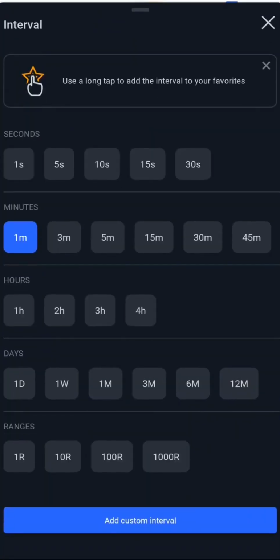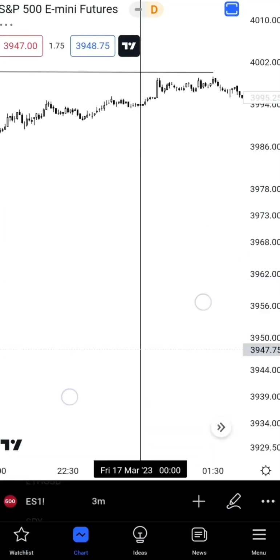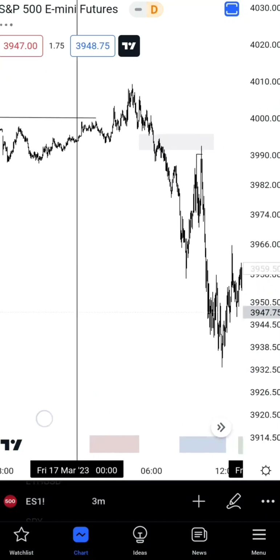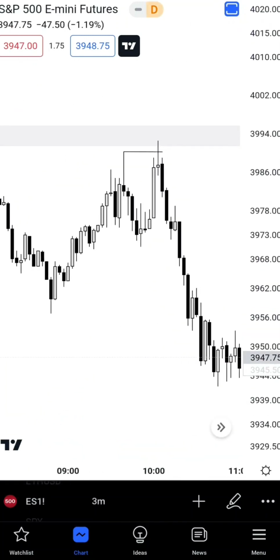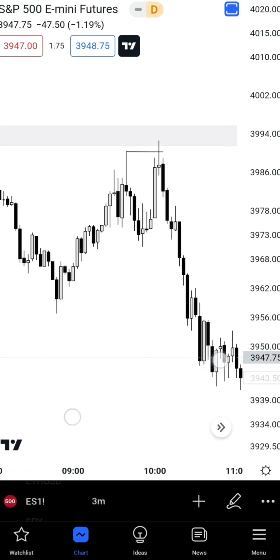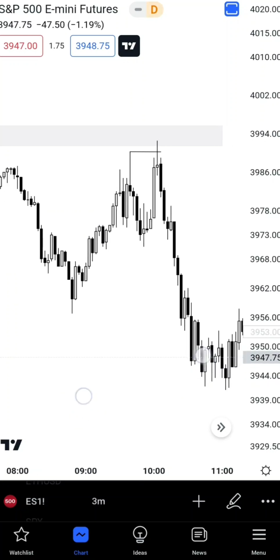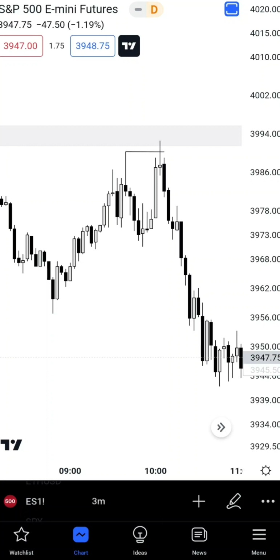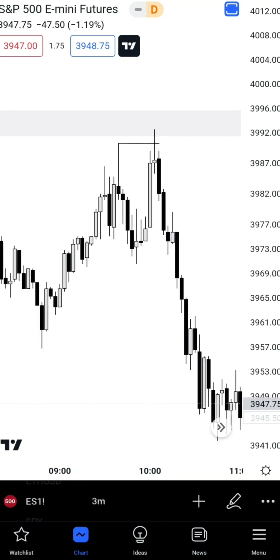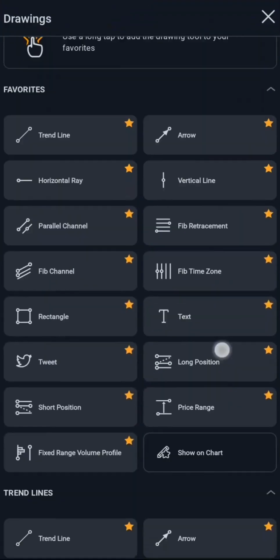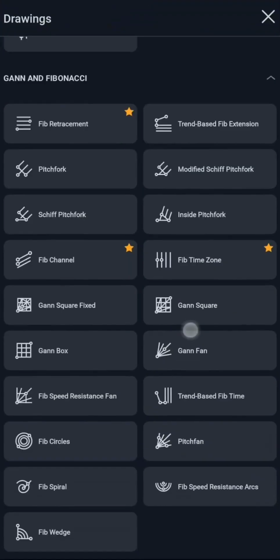Beautiful. My entry was based on the 3 minutes, of course, as you saw, the famous, not infamous. Infamous means bad. The drawing was based on this. So I had this 1 hour fair value gap pending to be purged.